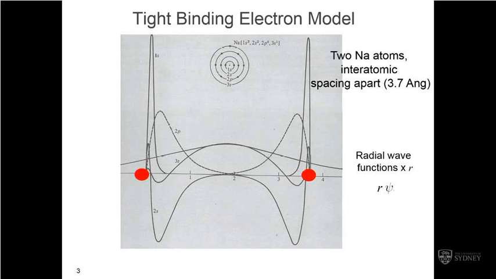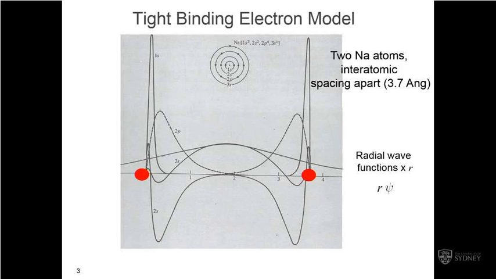Okay, so the most tightly bound 1s electron, as you may expect, is the most peaked one. It's very localized to its atom. The 2s is a little bit more extended in space, still doesn't overlap very much with each other.